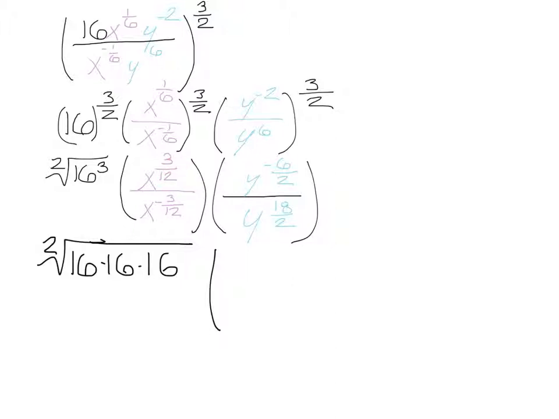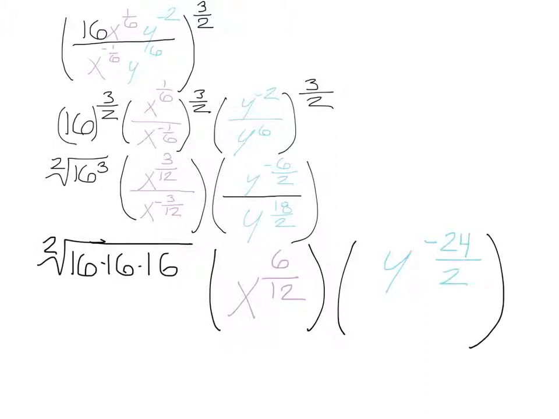So what is 3/12 take away negative 3/12? That gets me to x to the 6 over 12. Okay, and then I get y to the negative 6 over 2 over y to the 18 over 2. So negative 6 minus 18 is the same as y to the 24 over 2. Excuse me, negative 24 over 2.